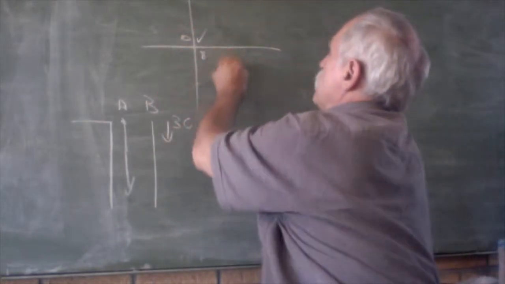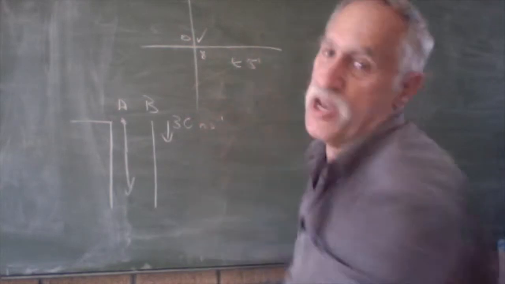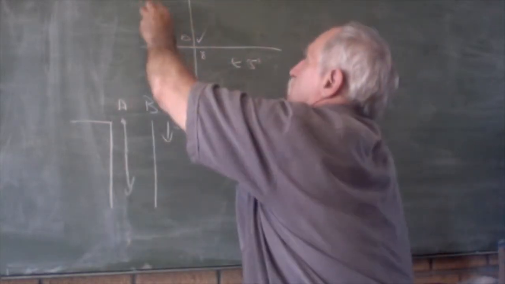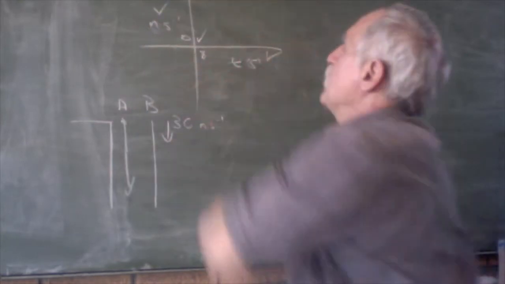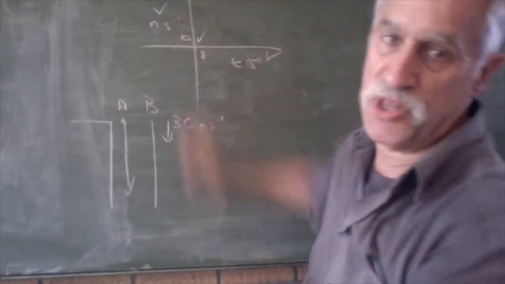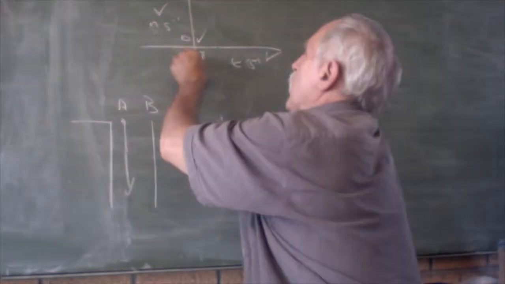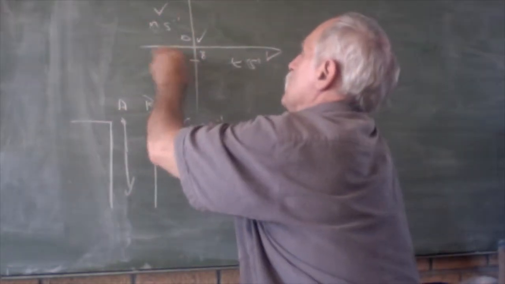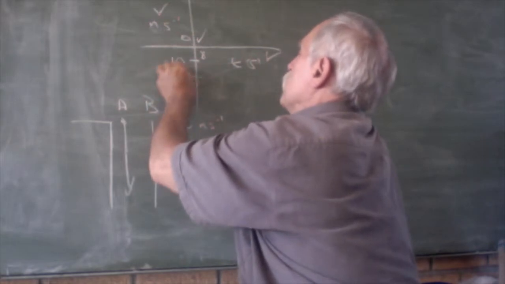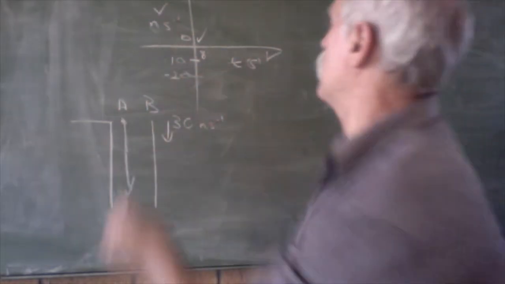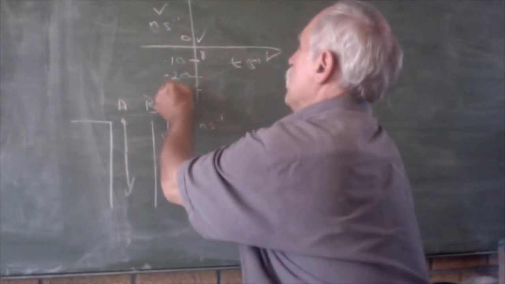They're going to have time in seconds on that axis. They're going to have velocity in meters per second on that axis. And then since everything is negative, they're going to have to do minus 10, minus 20, etc. going down, minus 30.